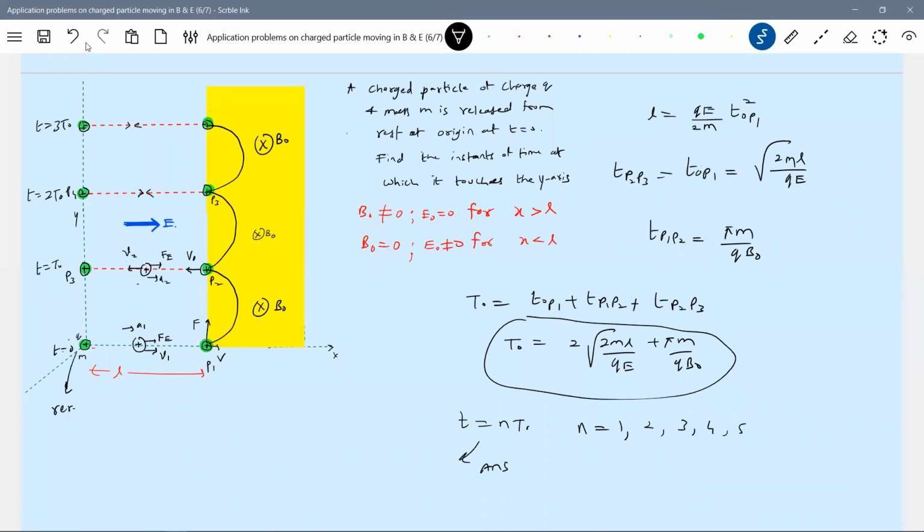Here, released from rest. Hope everyone is enjoying such numericals, and if you work out a few more numericals, you'll gain confidence and you can manage whatever be the range of question.